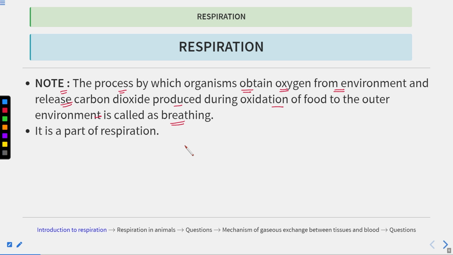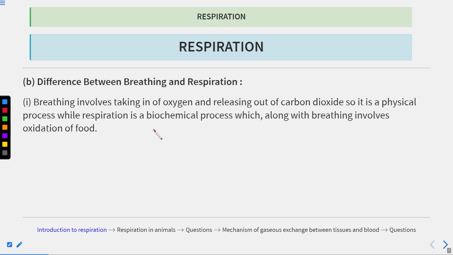But what is happening in breathing also? You obtain the oxygen from the environment and you release the carbon dioxide. So how is breathing different from respiration? We can say breathing is a part of respiration. But what is the difference between breathing and respiration? During breathing, there is no release of energy.